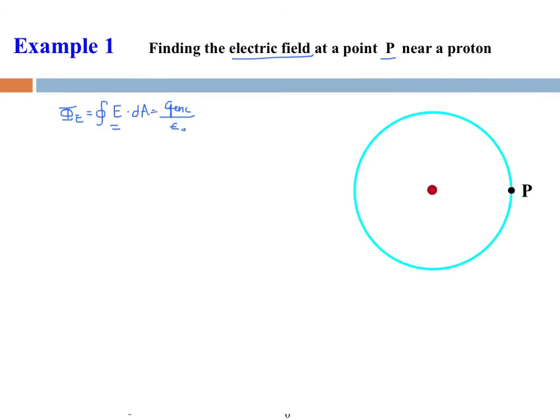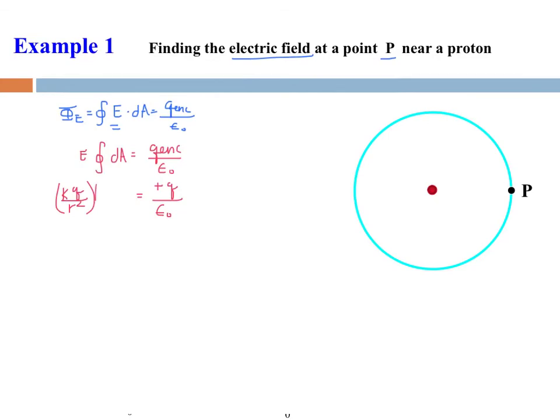So again, if my electric field is constant, then I can pull it out, and it's going to look like E times change A, my charge enclosed over epsilon naught. Now my charge enclosed is a positive Q, a positive proton. Remember that my electric field equation is KQ over R squared.